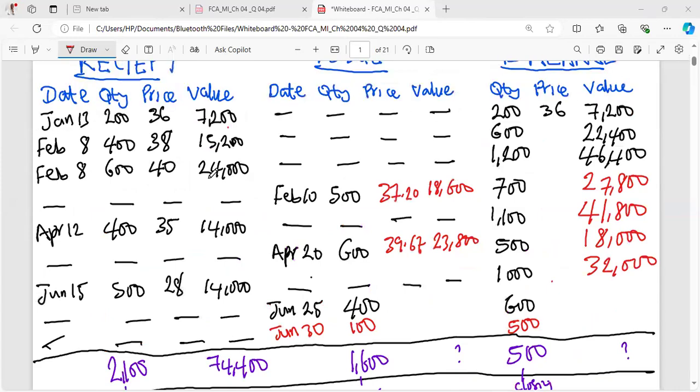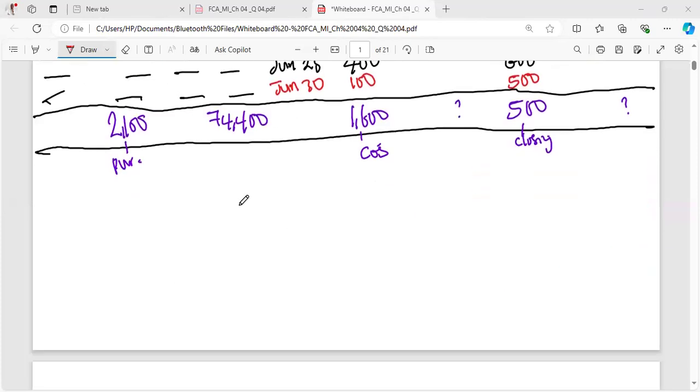So 500 was taken from here, so we are left with 100. 100 is here. Since this is 600, we take 400 from here, making 500. And we'll take 100 from here. So let's do that now.